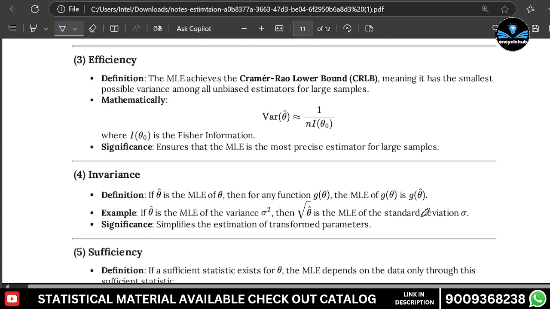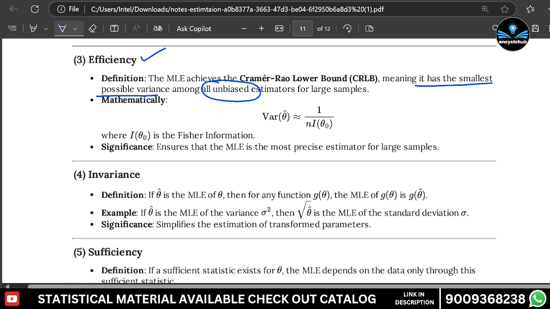The third property is efficiency. The MLE achieves the Cramér-Rao lower bound, meaning it has the smallest possible variance among all the unbiased estimators. Suppose that we have lots of unbiased estimators, of which there is only one with the smallest possible variance.